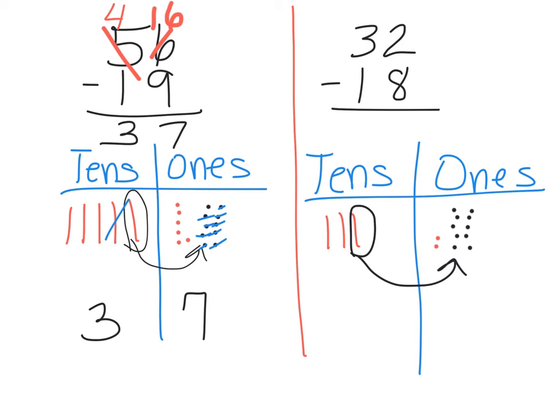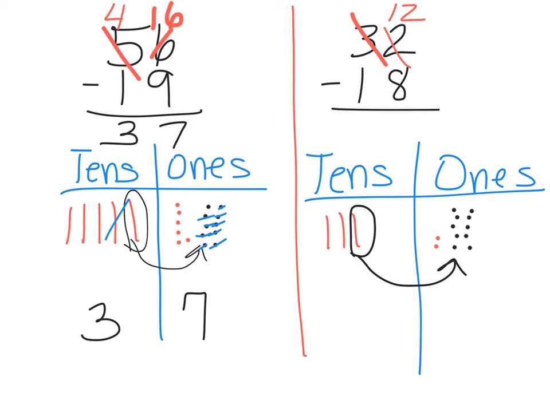Looking at our standard algorithm, we removed one of the tens and moved it over to the ones column. We added the 10 ones in the ones column. So what does that look like here? 10 plus the 2 equals 12.